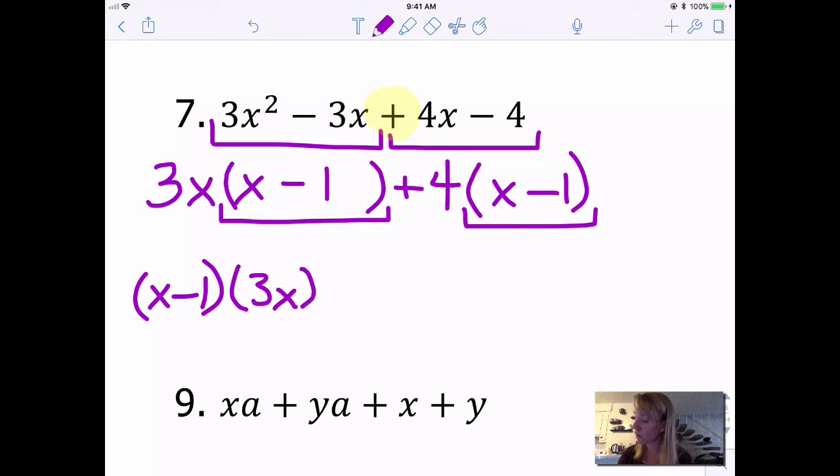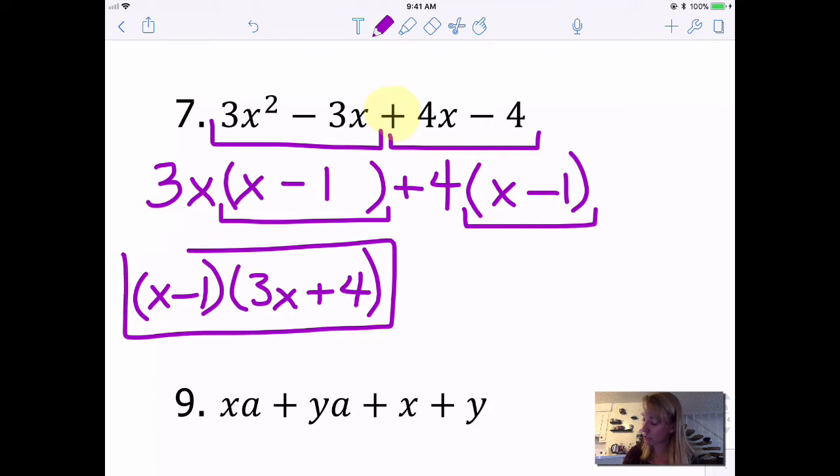And x minus 1 times +4 will give me 4 times x minus 1. So notice again that x minus 1 is in both terms, and then 3x plus 4 is what's left over. And now this is my final answer, x minus 1 times 3x plus 4.